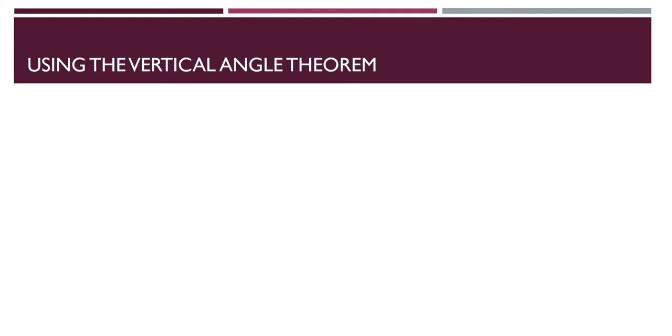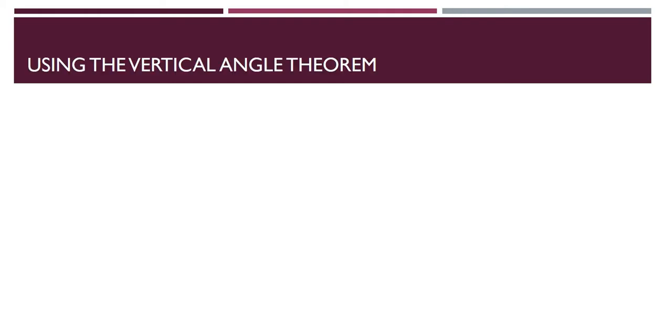So we can use the vertical angle theorem to solve something like this. If I have a diagram with vertical angles, I can say that 2x plus 21 and 4x, these two angles, are congruent. Therefore, I can say that 2x plus 21 equals 4x.